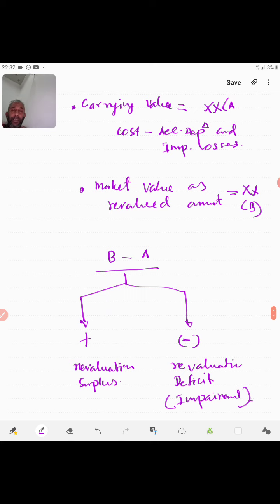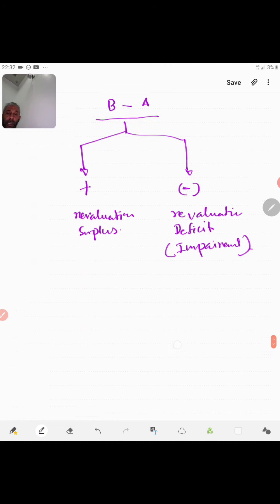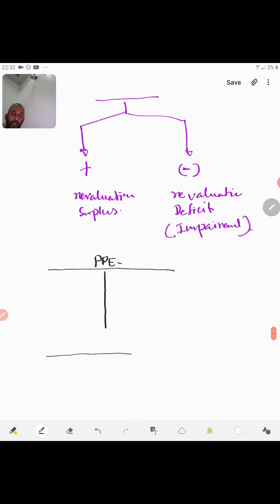statement basis calculation. The same thing we can do through T accounts, an accounting ledger. How? Let's say this is my property, plant and equipment which I am planning to revalue, and let's assume I have accumulated depreciation here.